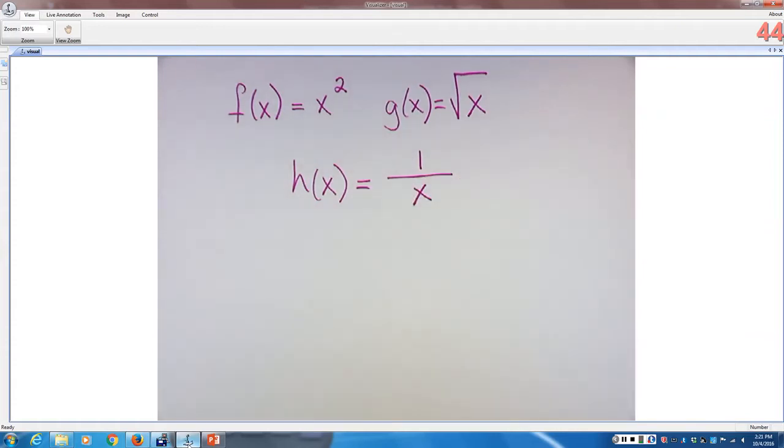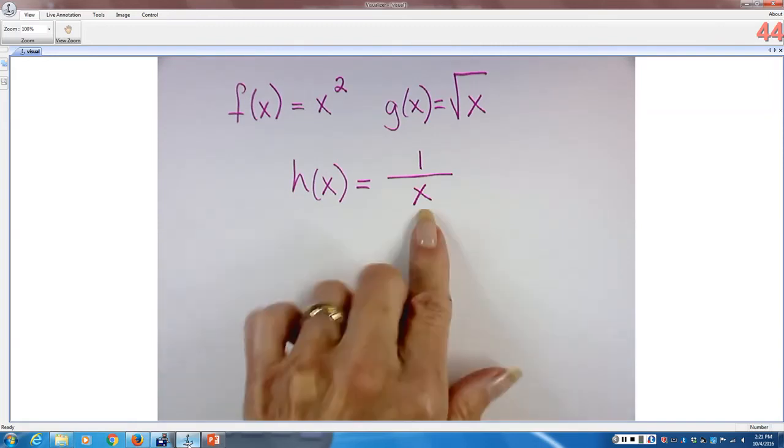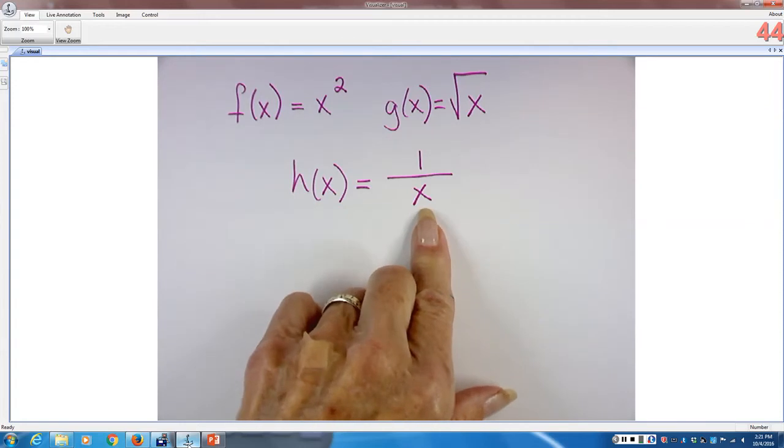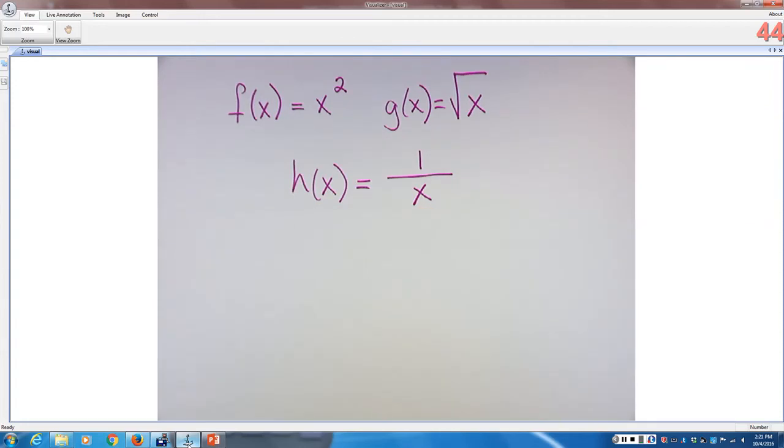And h of x is going to be 1 over x. There's three different functions. None of them are real hard. One's just your basic squaring function, one's your square rooting function, and one's the reciprocal function. Basically it's just taking the reciprocal of whatever x is.